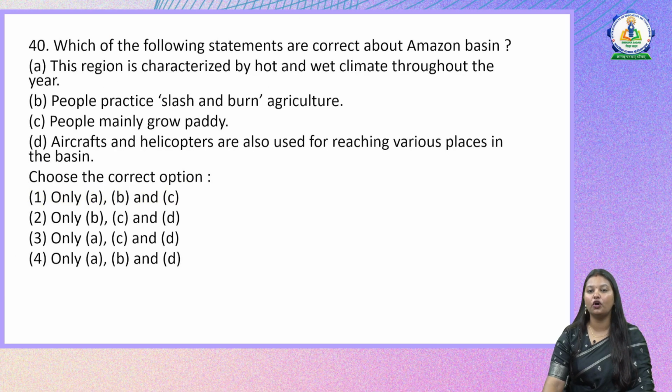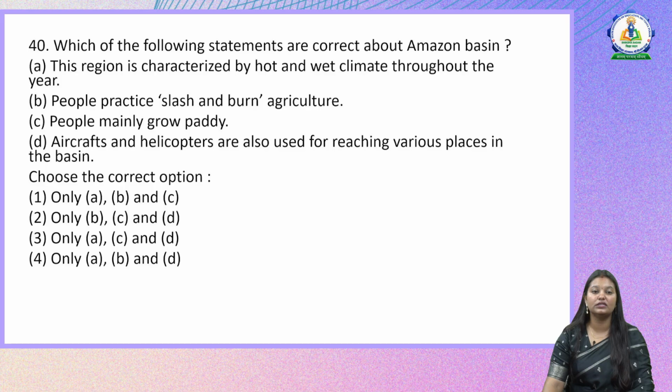Which of the following statements are correct about the Amazon basin? This region is characterized by hot and wet climate throughout the year. People practice slash and burn agriculture here. People mainly grow paddy. Aircrafts and helicopters are also used for reaching various places in the basin.